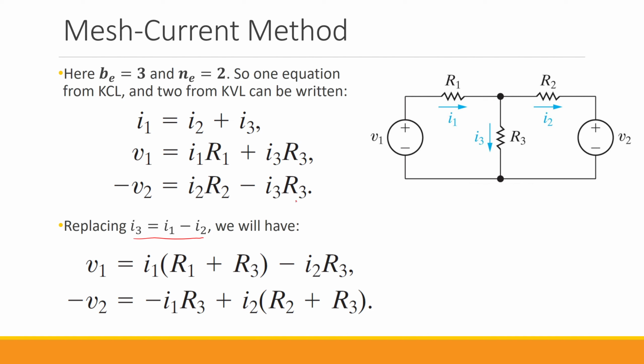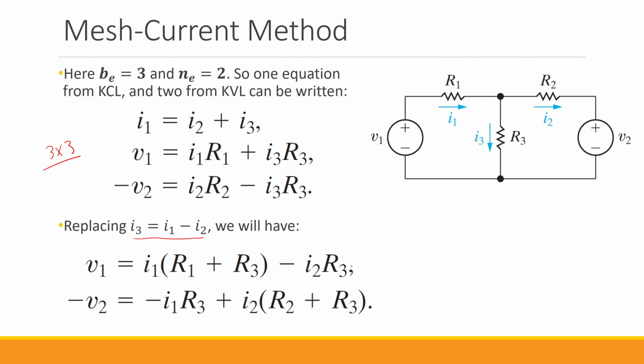So that is for us to have a 2 by 2 linear system. So we basically eliminated one of the variables, right? But even if we don't do it, we can easily use this system as a 3 by 3 linear system and solve for I1, I2, and I3.